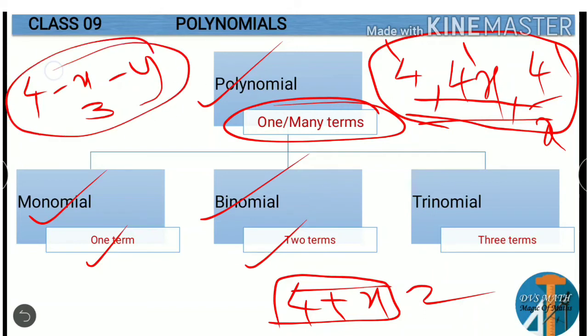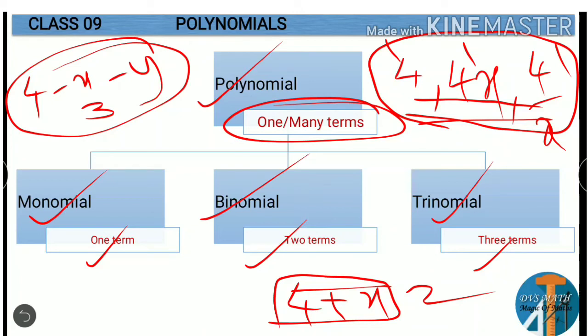Observe this example, 4 minus x minus y. Here we have 3 terms. If any expression consists of 3 terms, then it is called a trinomial. Tri means 3 terms, so it is called a trinomial. And there is a misconception in the definition of polynomial. Many say that if any expression consists of more than 3 terms, we call it a polynomial.